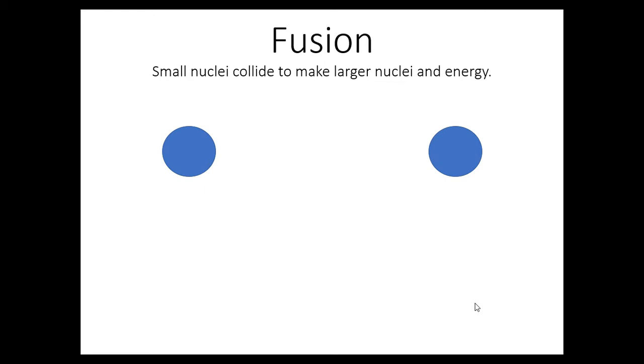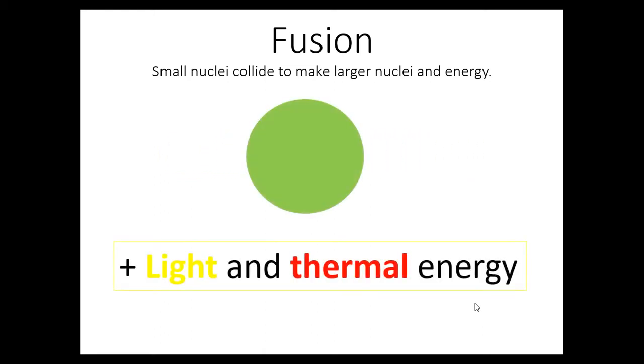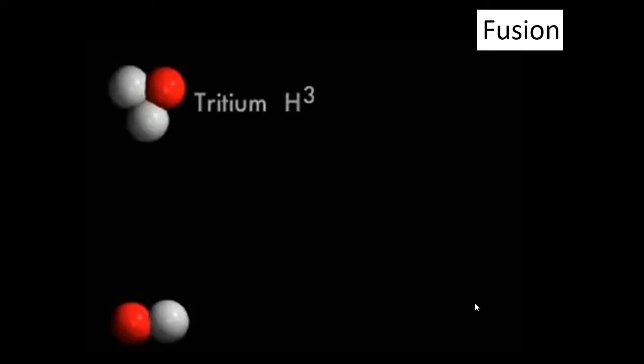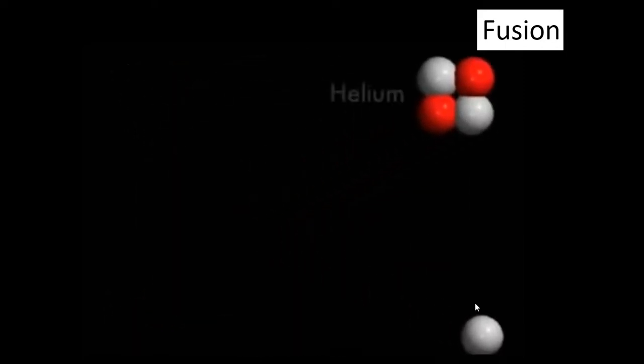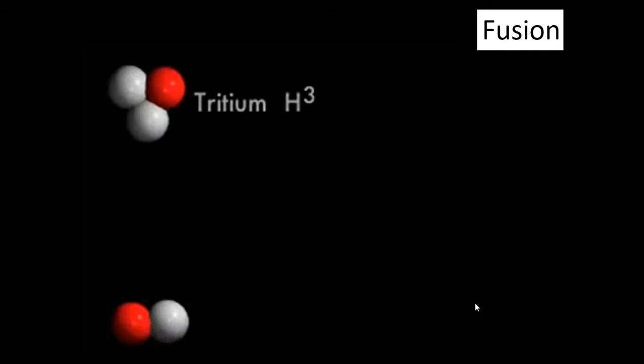So fusion is when two smaller nuclei collide together to make a larger nucleus, and energy is also formed as well. Now, to give you that in a bit more detail, this is what happens inside the sun. Two isotopes of hydrogen, deuterium and tritium.